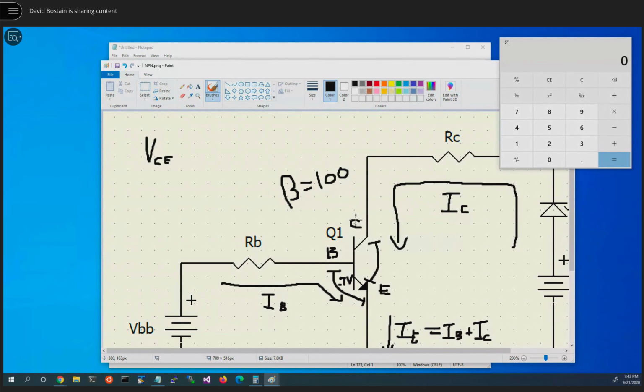We would have to have this go into saturation. This would have to make itself have a value which approached this same 0.7 drop we had on this side. If we did that, let's say we reached exactly 0.7 lower, then C and E would be equal to 0 volts.